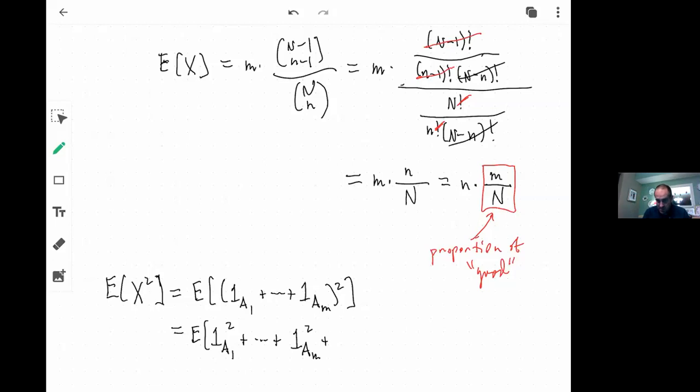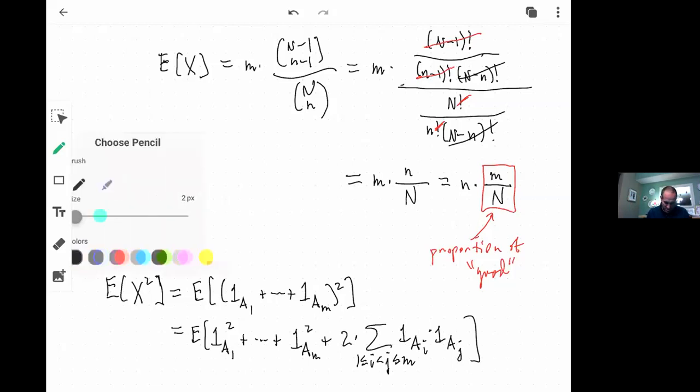Okay. So look at this. This is going to be 2 times the sum over 1 less than or equal to I less than J less than or equal to M of the indicator of AI times the indicator of AJ when all is said and done.